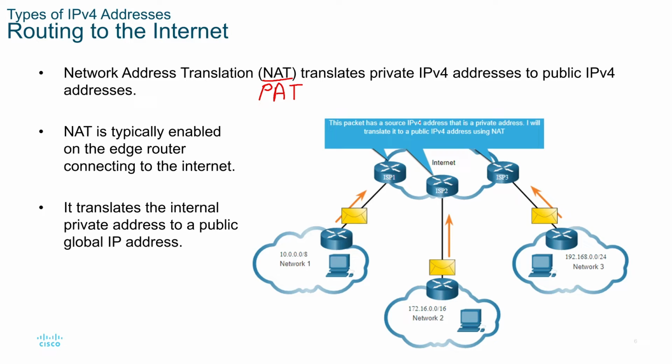A realistic number to use when we combine network address translation along with port address translation is approximately 5,000 internal hosts could use one external address without much of a degradation in speed.